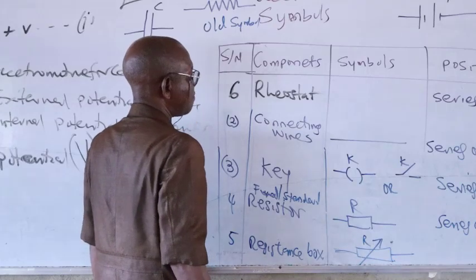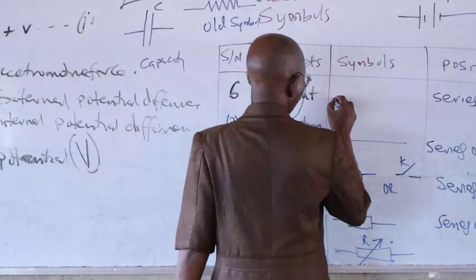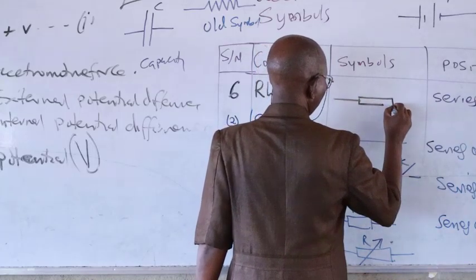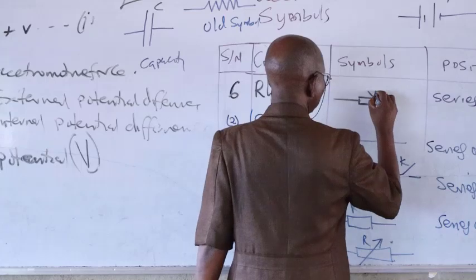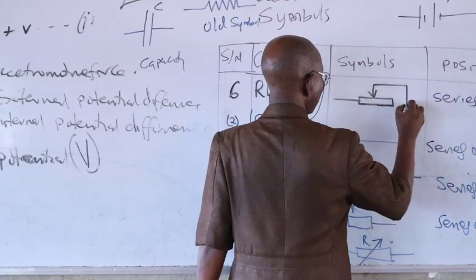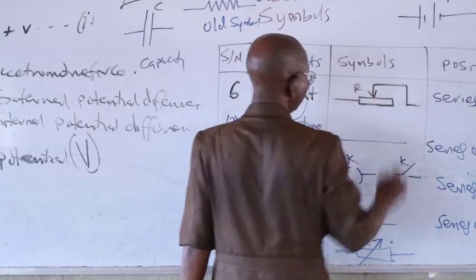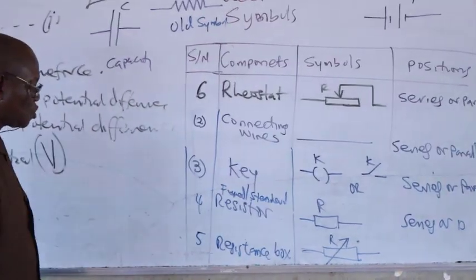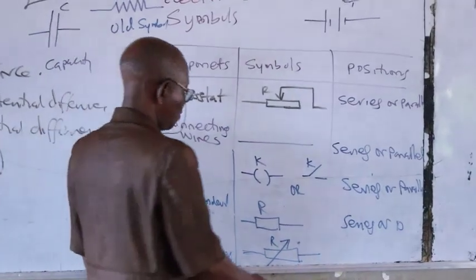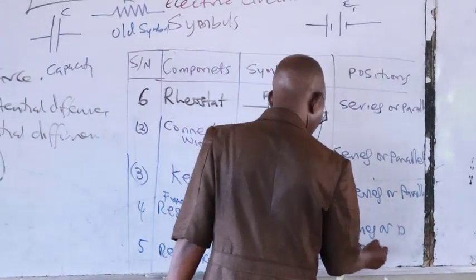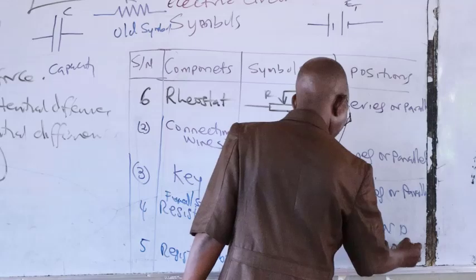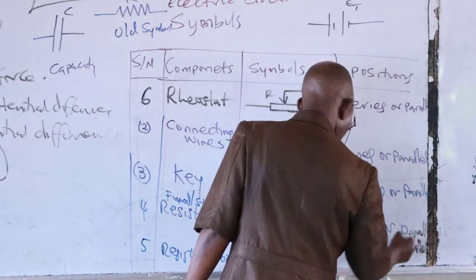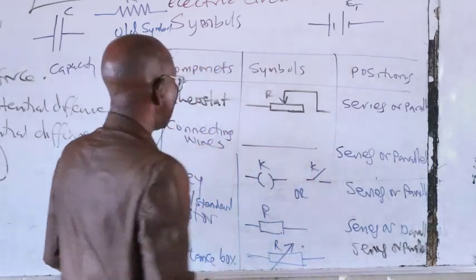The resistance can be varied, and the symbol of the rheostat is this. You can have this as a rheostat, which may be either in series or parallel. This also may be in series or parallel.